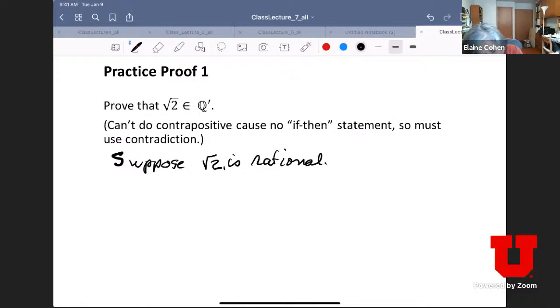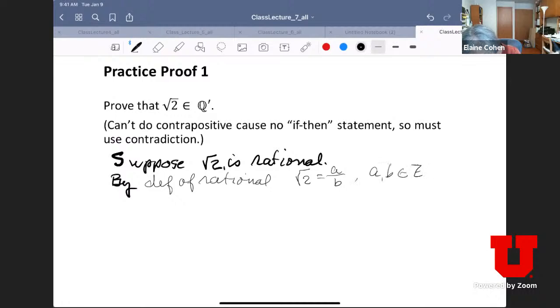Okay. So by the definition of rational, the square root of 2 is equal to a over b for a and b in Z. You can say there exists a and b such that the square root of 2 is equal to a over b.